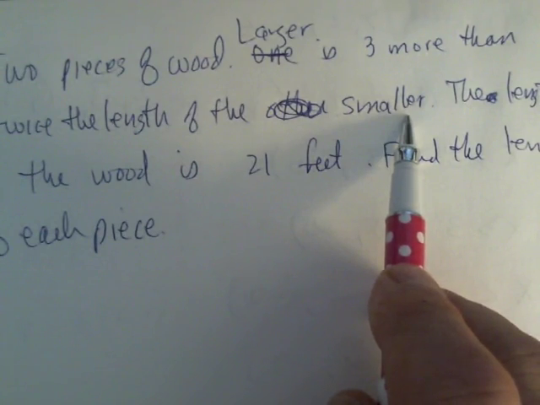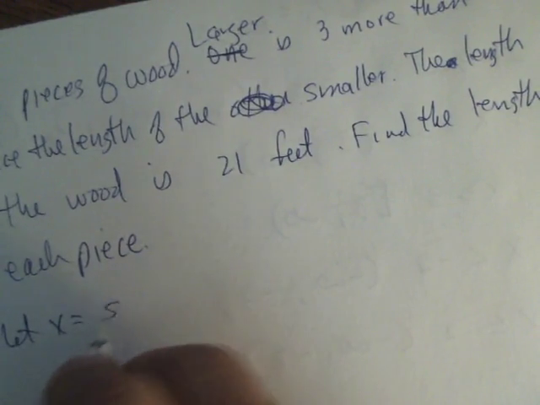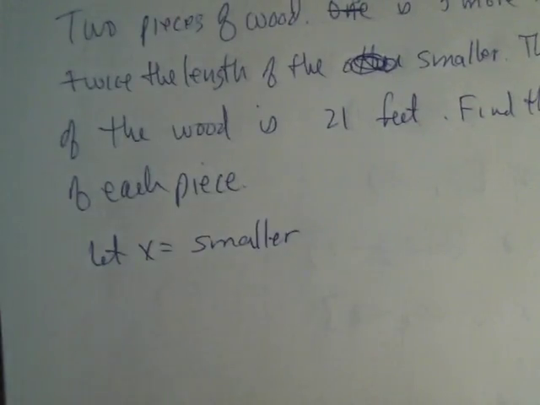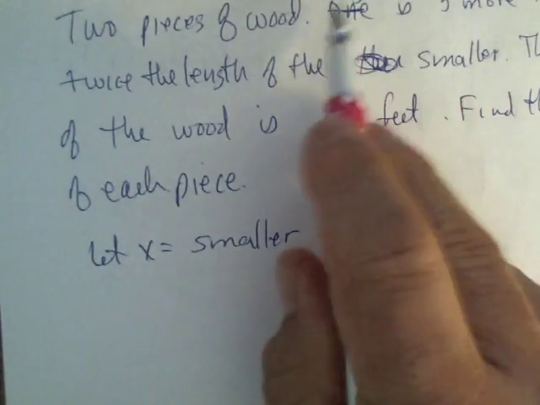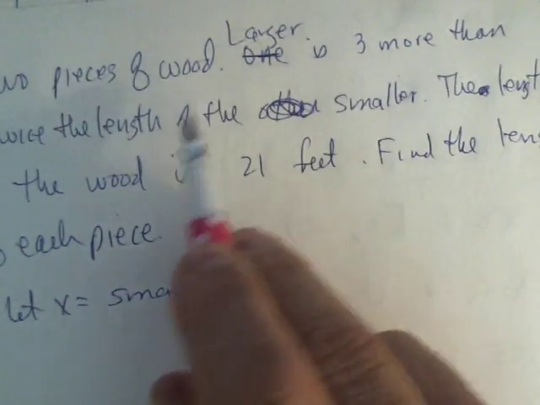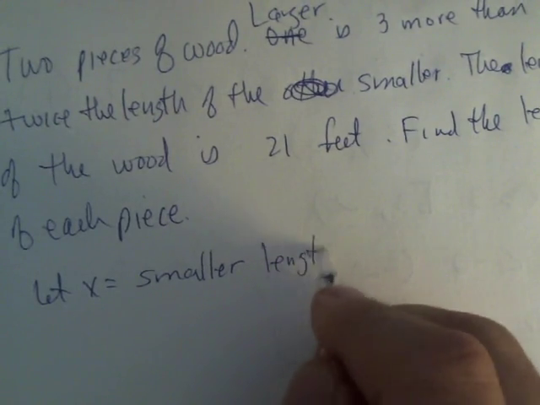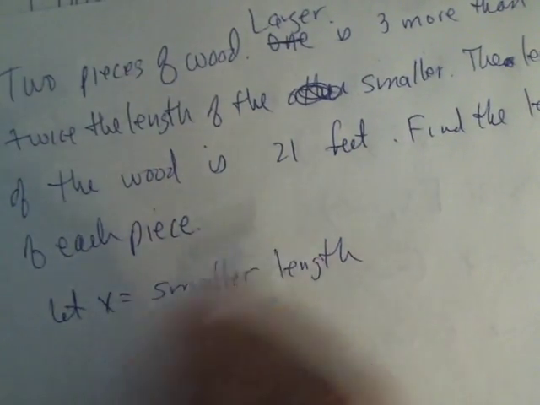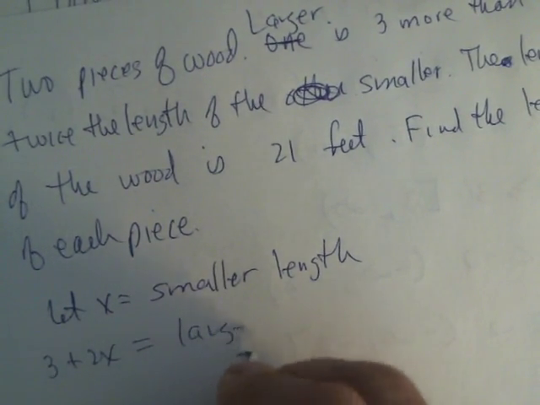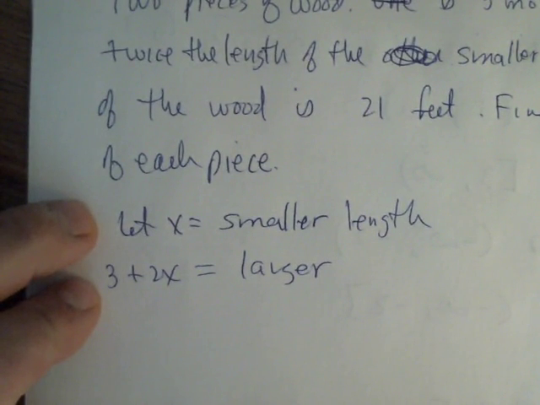So what I do is I let X equal the smaller. Now I have to write an expression about the larger piece. Well, I know the larger is 3 more than twice the length of the smaller. X is the smaller length, so 3 more than twice X is the larger. So you write your two expressions.